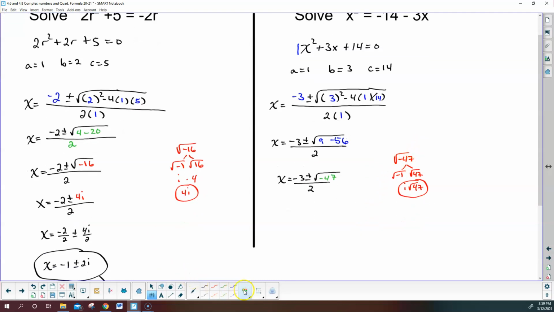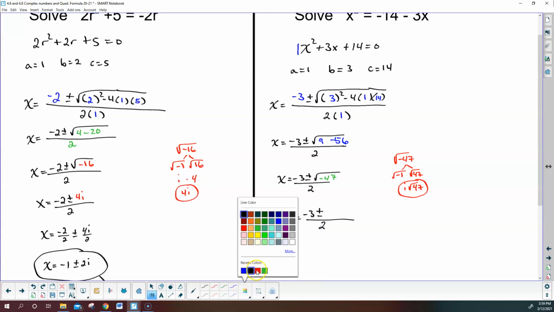So I would put the i and then the square root of 47.